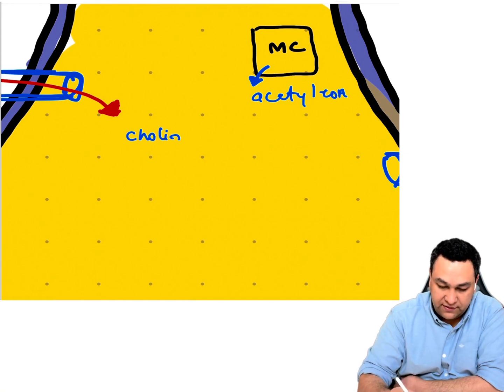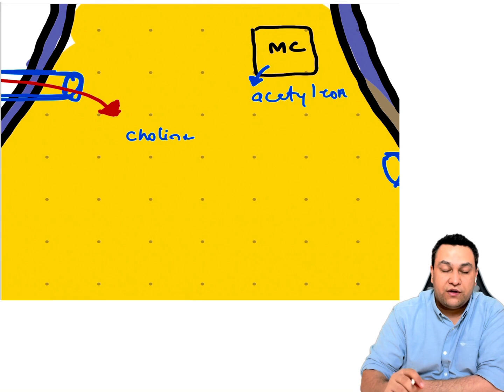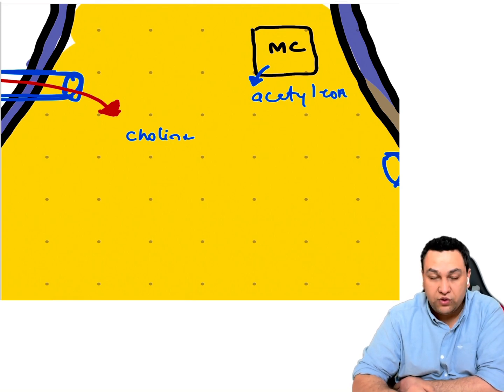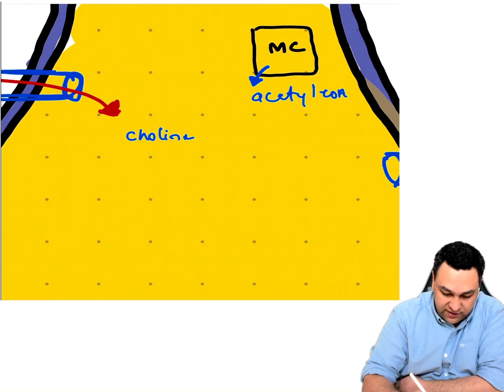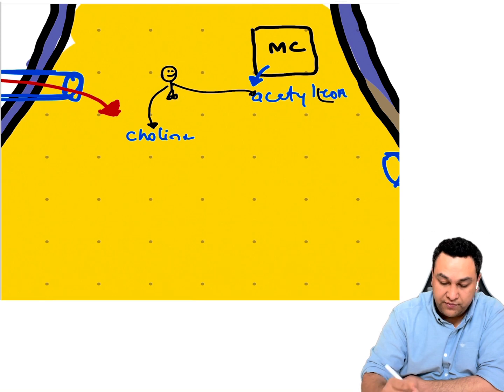Now what's going to happen is that there's a very special enzyme called choline acetyltransferase, and it is going to take the choline and bind it with acetyl-CoA, releasing the CoA group from here.